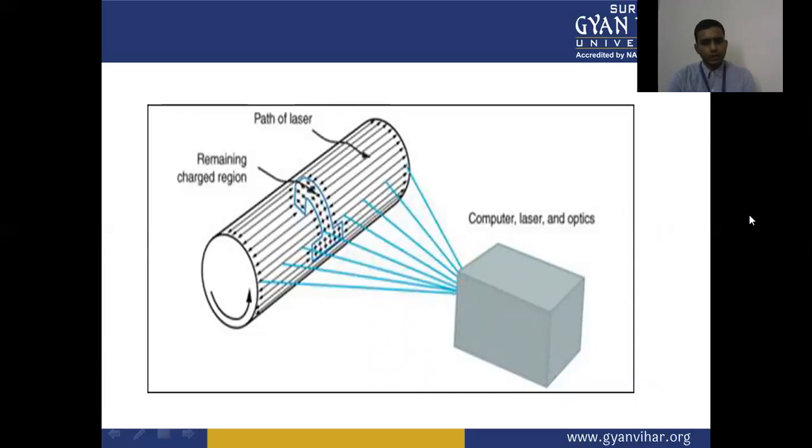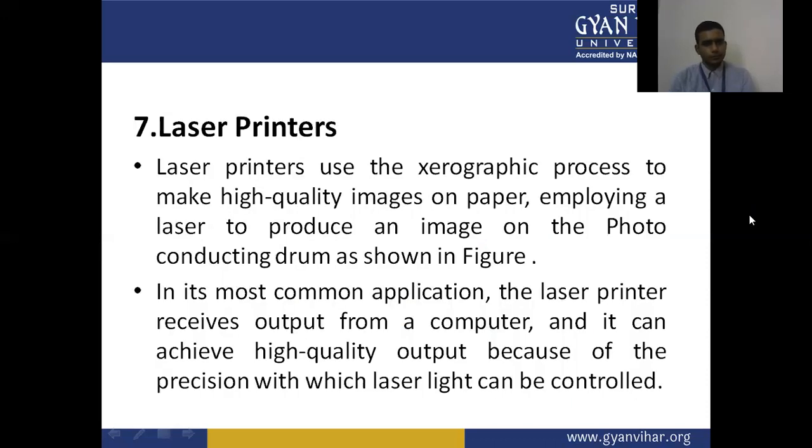Computer, laser, and optics device produce the image on the paper, that is the path of the lasers, and the remaining charged region. In its most common application, the laser printer receives output from the computer, and it can achieve high quality output because of the precision with which laser light can be controlled.